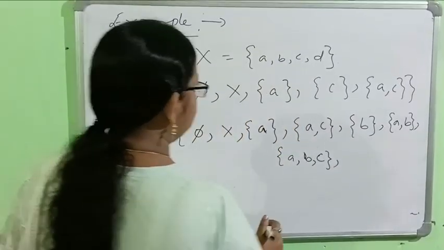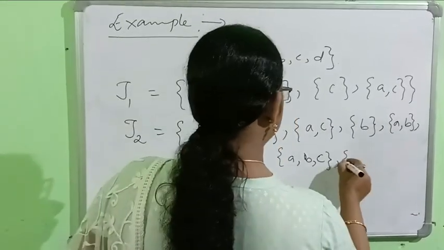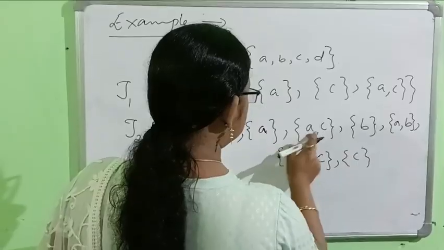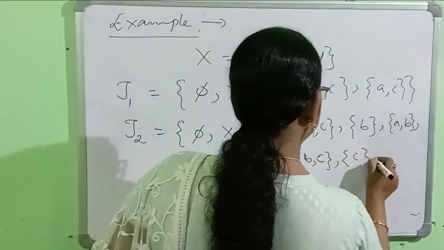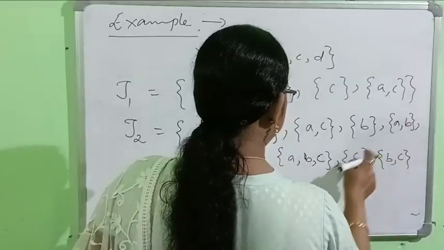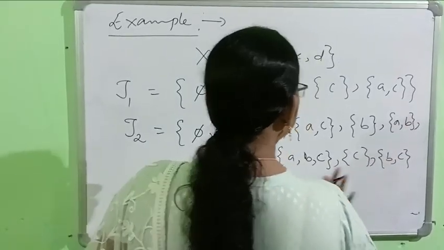Then take one more element, that is {c}. A union C will be {a, c}. {a, c} union {c} will be {a, c}. {b} union {c} will be {b, c}. {a, b} union {c} will be {a, b, c}. {a, b, c} union {c} will be {a, b, c}.